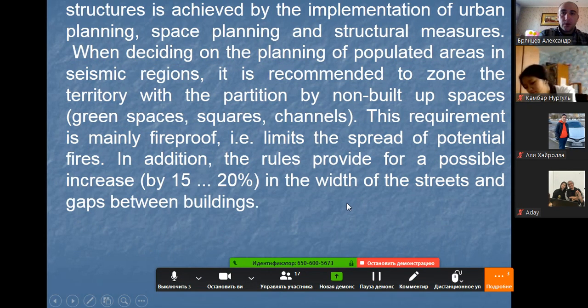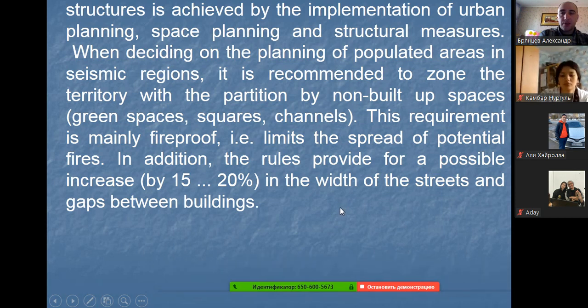Ensuring the seismic resistance of buildings and structures is achieved by the implementation of urban planning, space planning, and structural solutions. So resistance of the building can be achieved not only with architectural design, but also with urban planning.